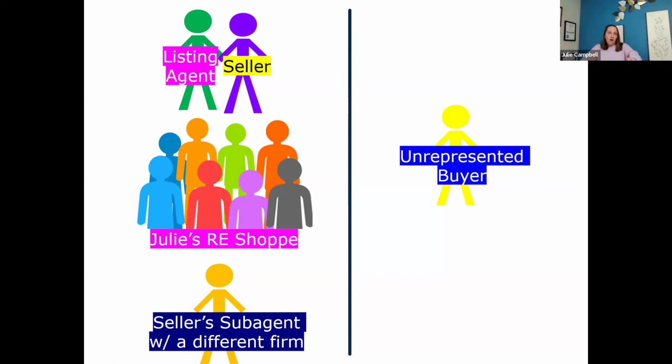So you're still involved. But everything you do is in the best interest of the seller. It's in the seller's best interest to get an offer, to get that offer under contract, and to get it to closing. That's your objective: to get the seller, not the buyer, to closing.